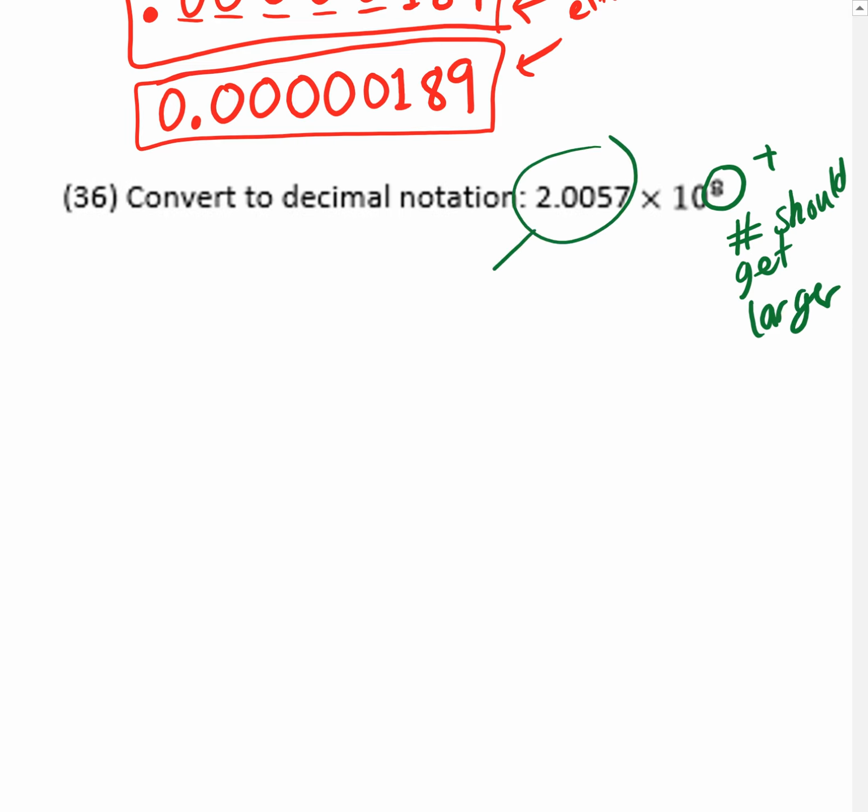So this number here, 2.0057. I look at it and I start imagining me moving the decimal to the left or to the right. If I move it to the left, like in the previous problem, this number is going to get smaller. Because if I move it to the left once, that's 0.2. If I move it to the left twice, that's 0.02. So it'd be getting smaller, but I want it to get bigger.